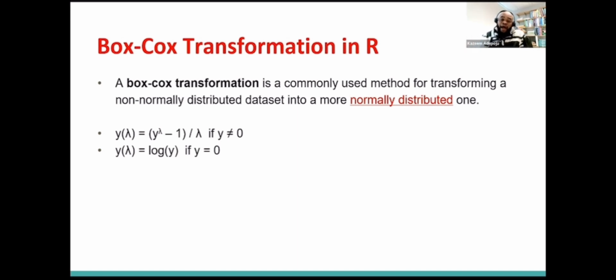That is the reason why, if there's a violation of normality, the variable that we normally want to transform is the response.